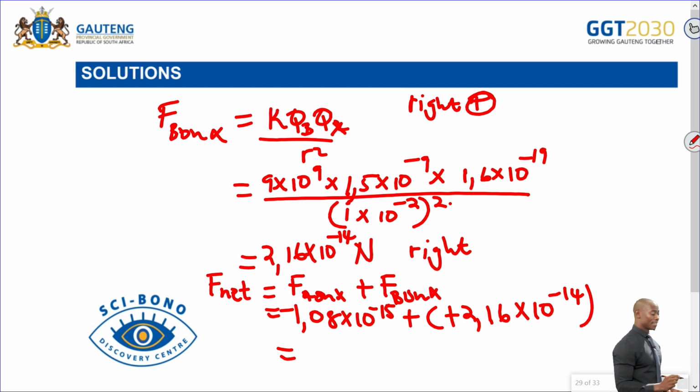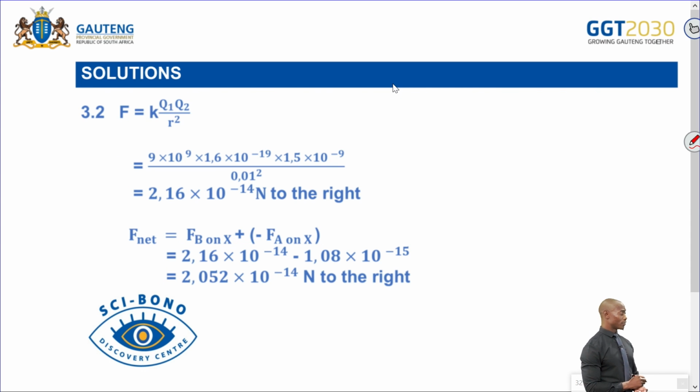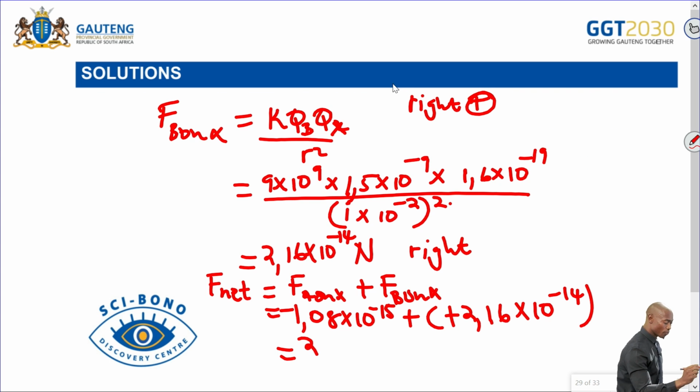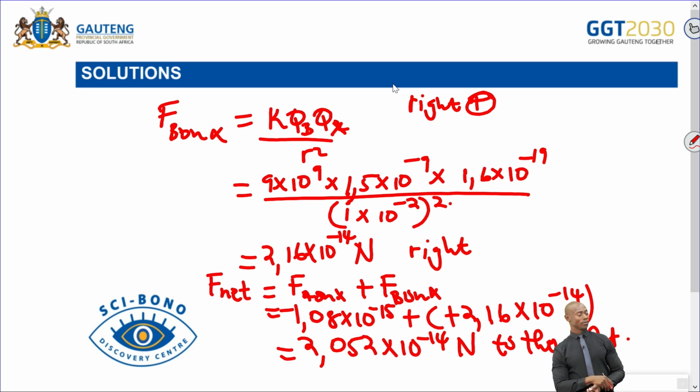Then we'll get F net acting on X, or acting on an electron, as 2.052 times 10 to the power negative 14 newtons in which direction? To the right. Okay?